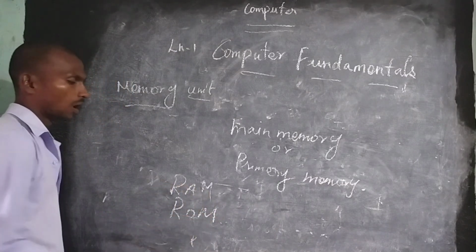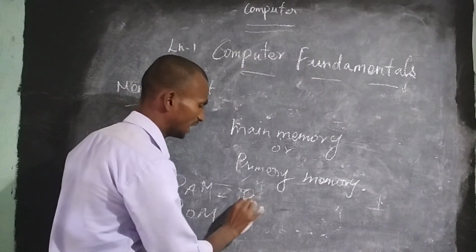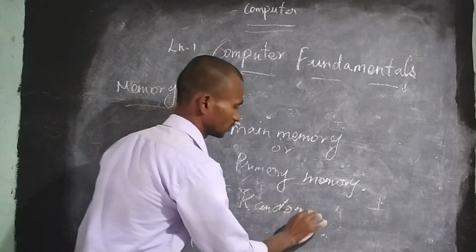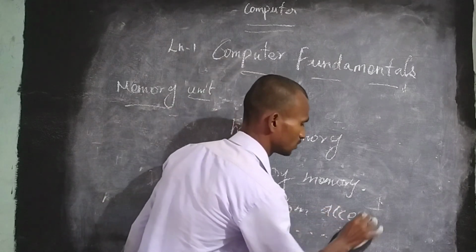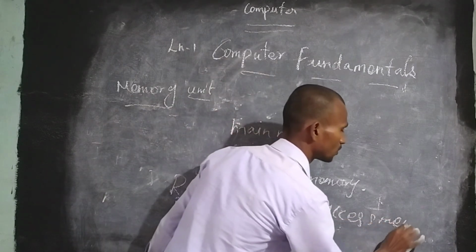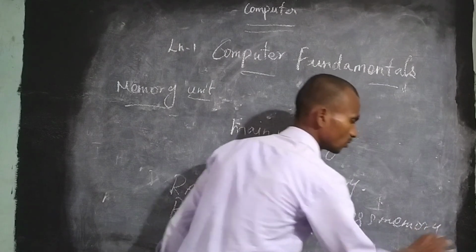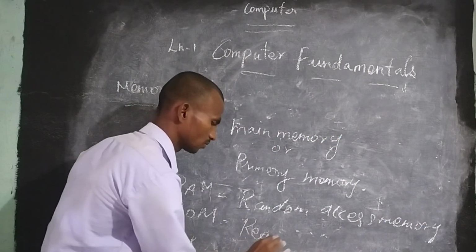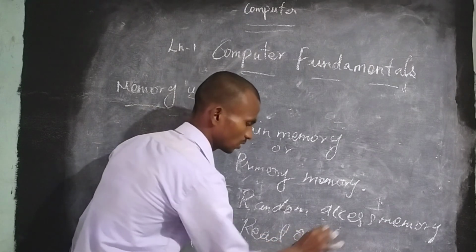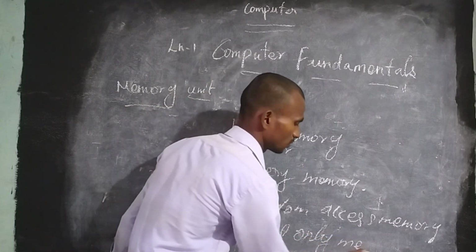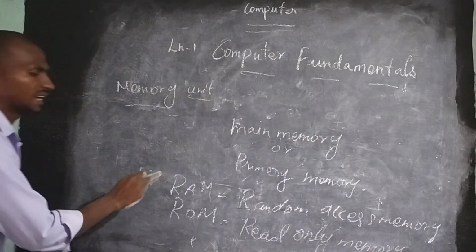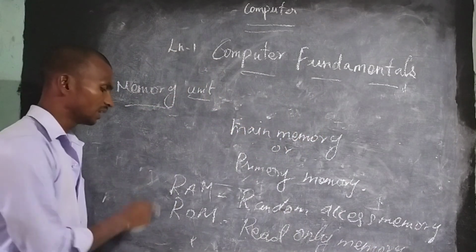Another one is ROM, read only memory. Okay, first one is RAM, Random Access Memory, then ROM.